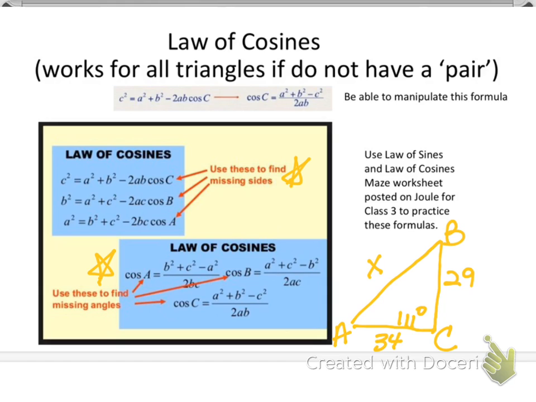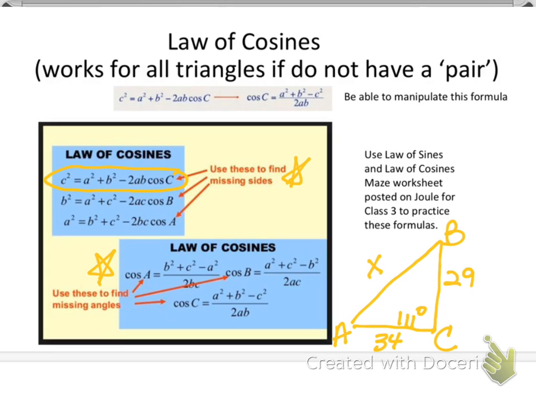I've labeled it so that I can solve for missing side little c, which is the x. So how do I set this up? I'm going to use this version, and my setup is as follows. C squared, because it's small letters, that's going to be the side.